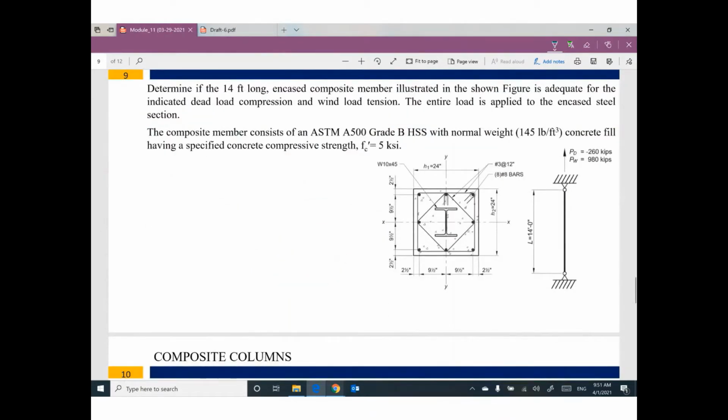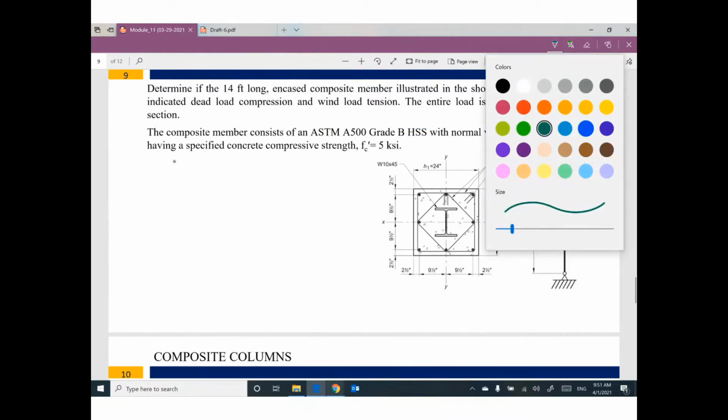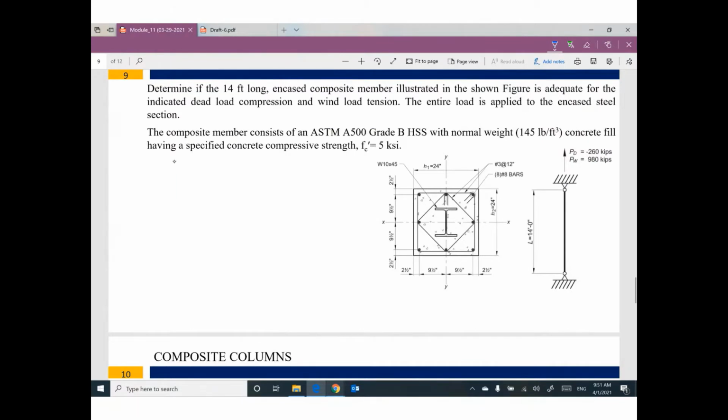We have an example, this column with steel reinforcement and steel beam under the effect of dead load down, wind load up.